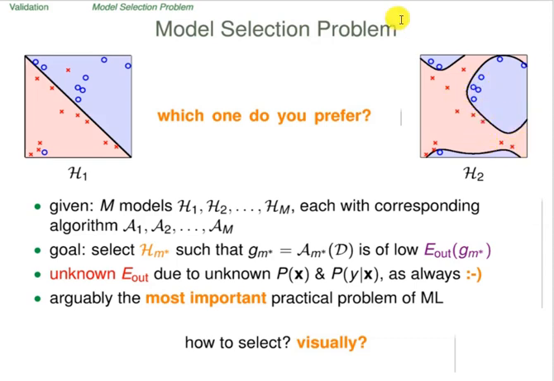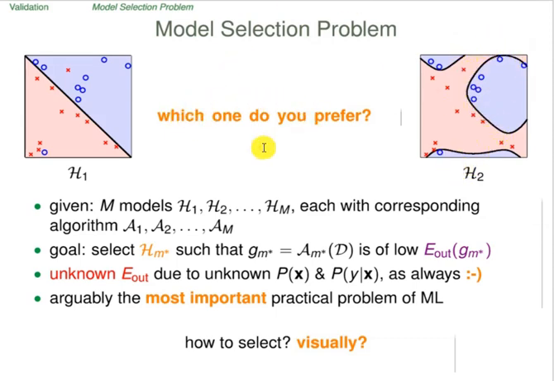Why? Because the complex model is likely to overfit. From what we have learned in the last lecture, even if the in-sample error is 0, the out-of-sample error is expected to be high if you use this kind of complex hypothesis.